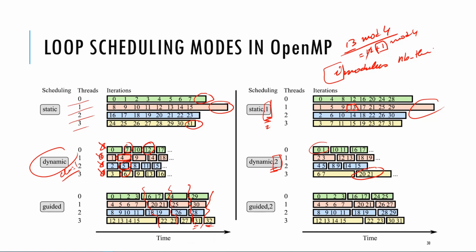With the guided and a fixed chunk, this would be the minimum chunk size. So this is why if we start with 4 and then we downgrade to 2 per thread, we do not allow ourselves to go to 1 per thread as here, because the minimum required chunk is 2.